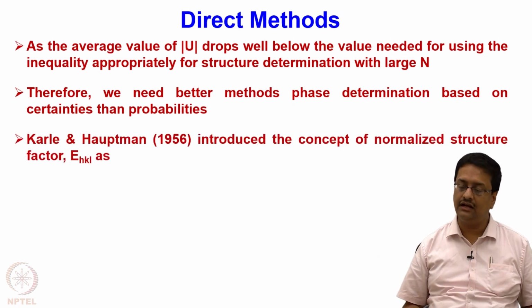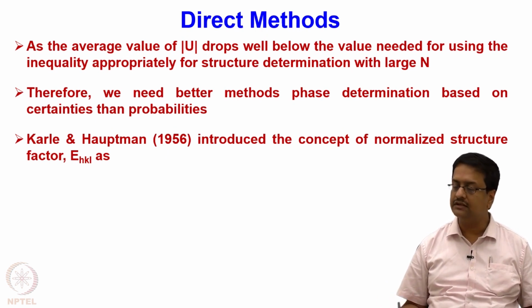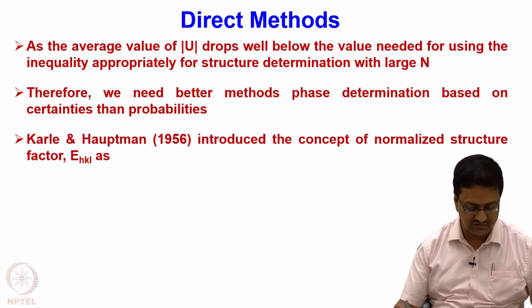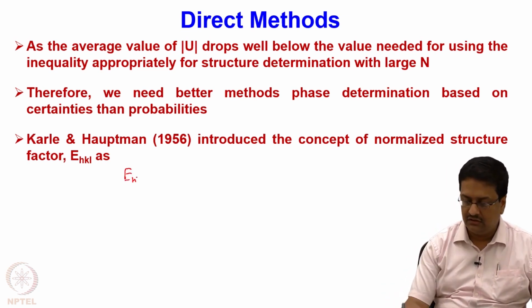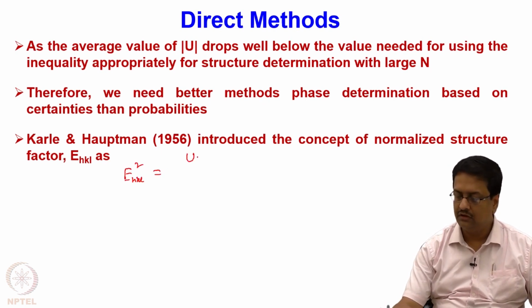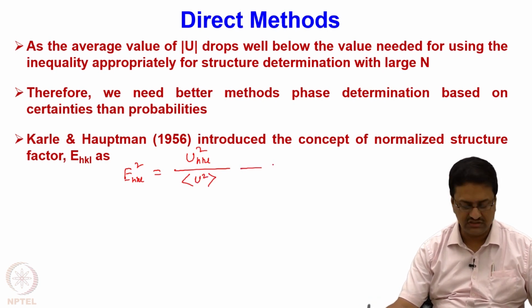To overcome that, Karle and Hauptman in 1956 introduced the concept of normalized structure factor, where EHKL was represented as EHKL square is equal to UHKL square by expectation value of U square. This equation is number 24.